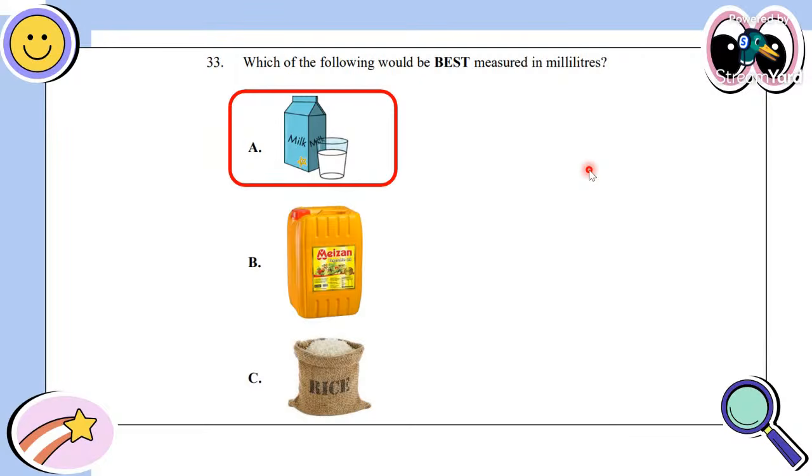Very good, Mark Antoine. You would use liters if we're measuring a larger amount of liquid. And we will use grams or kilograms to measure a sack of rice. So we think about what milliliters could best measure. Good job.